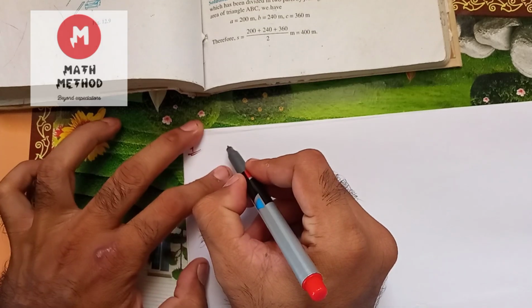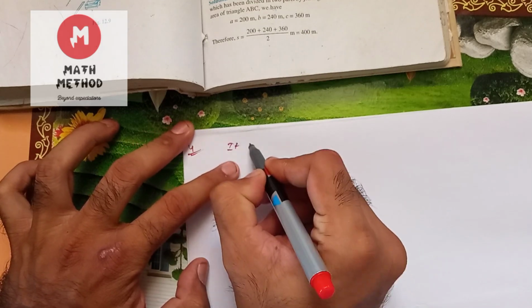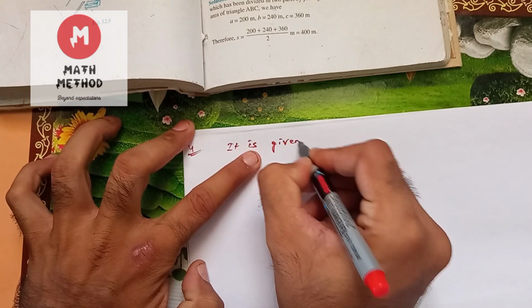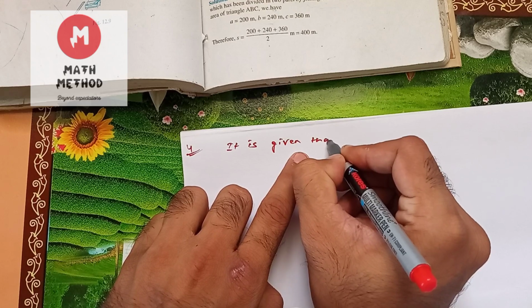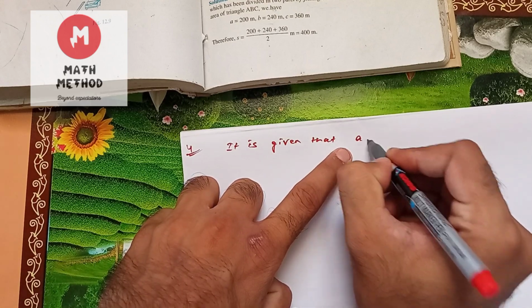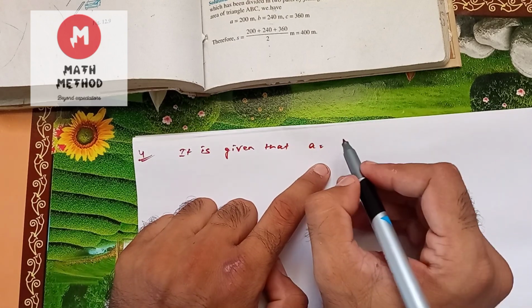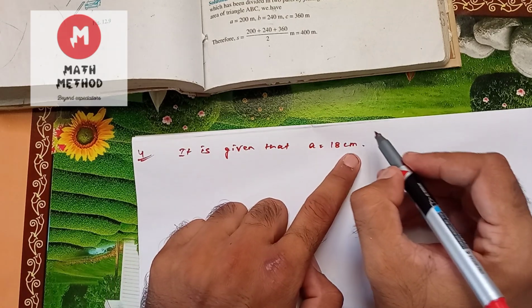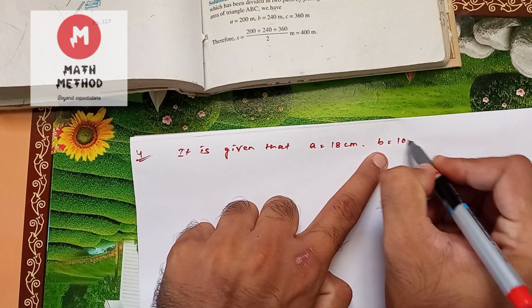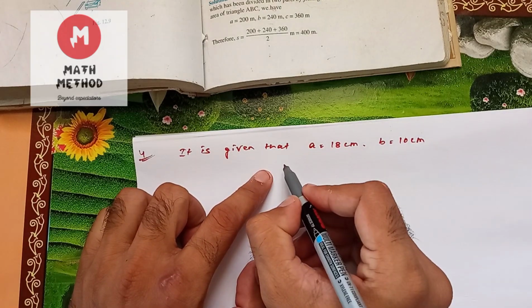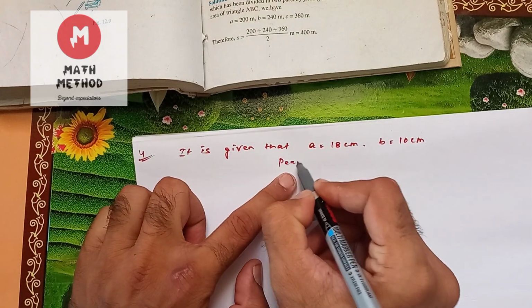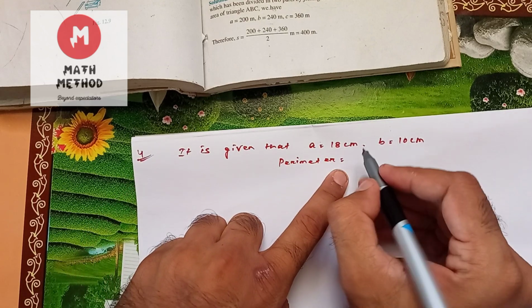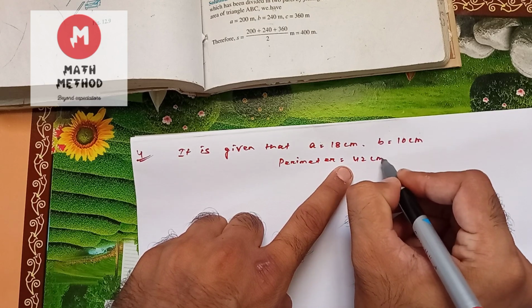It is given that A is equal to 18 centimeter, B is equal to 10 centimeter, and perimeter is equal to 42 centimeter.